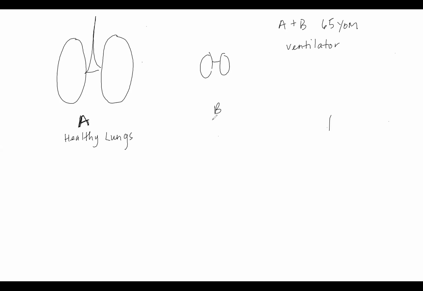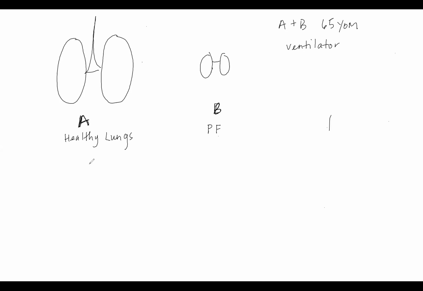So you'll notice that these lungs over by patient A are a lot larger than the ones over by patient B. Larger meaning that they're healthy, they can expand well, they don't trap air like in COPD, they can exhale well. And patient B, you can see, has much smaller lungs. And we'll say patient B over here has pulmonary fibrosis, a type of interstitial lung disease.